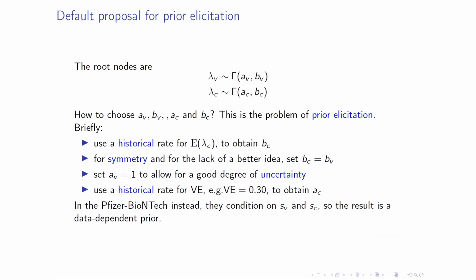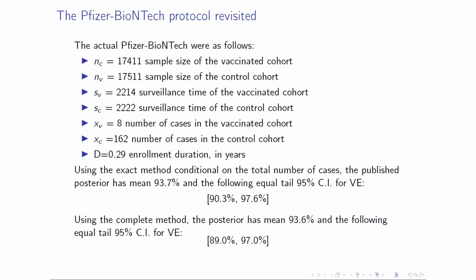And you get something which is slightly different from the Pfizer paper. Although, of course, the vaccine efficacy was very high in any case. So we have minor changes in the results. It's not the numerical changes that matter, it's the method. Instead of the 90 to 97 published in the paper, you get 89 to 97% using my method, but it doesn't make a lot of difference.